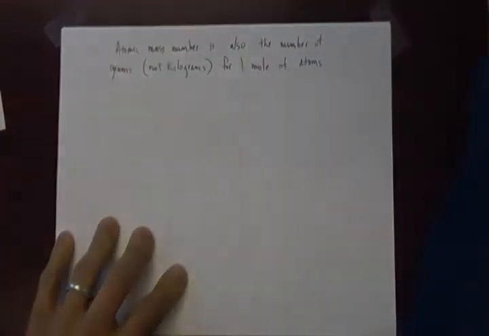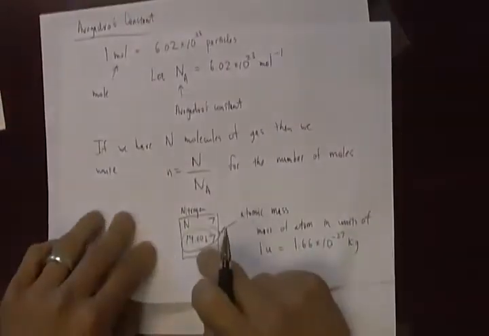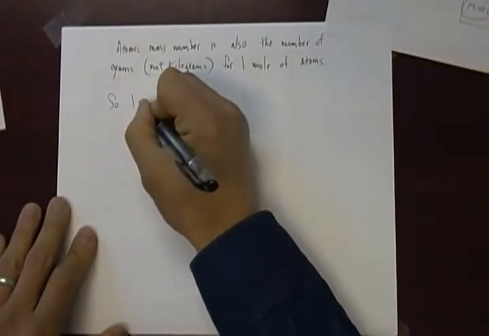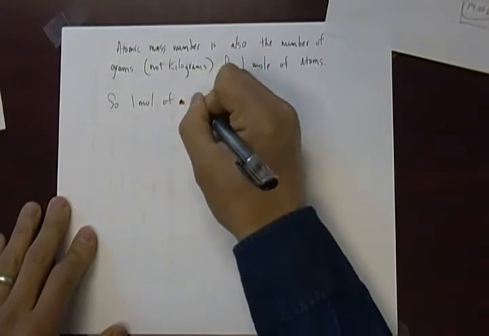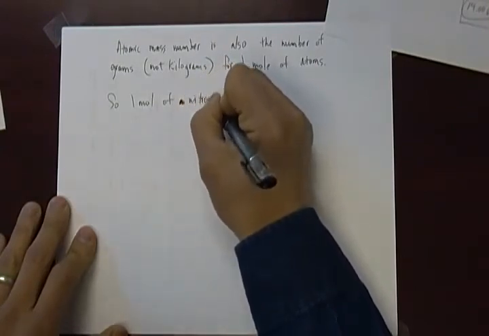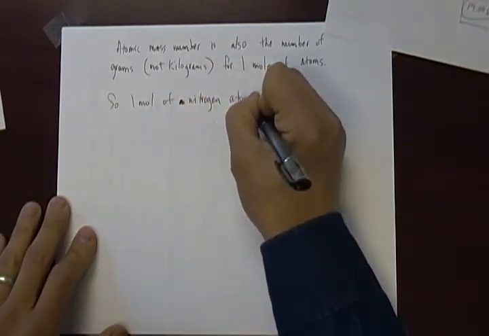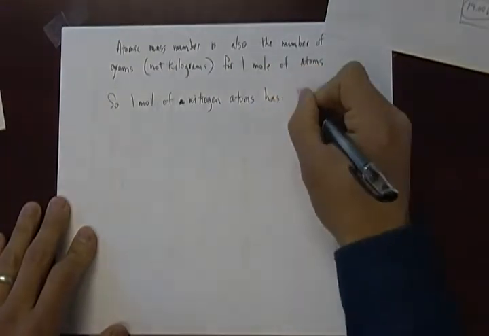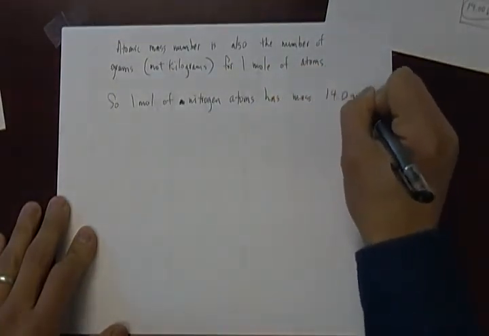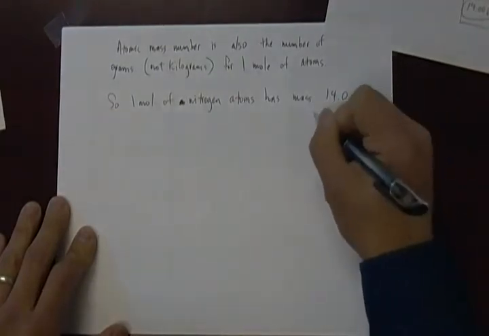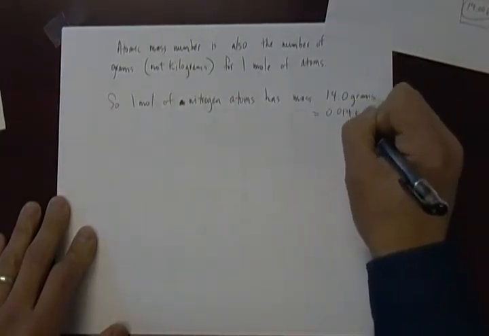Okay? So, in this case, we said the atomic mass is 14.0067. So, 1 mole of nitrogen atoms has a mass of 14.0 grams, okay, or 0.014 kilograms.